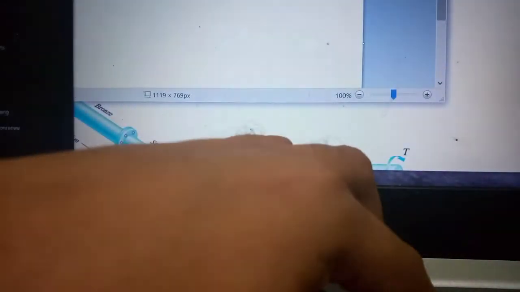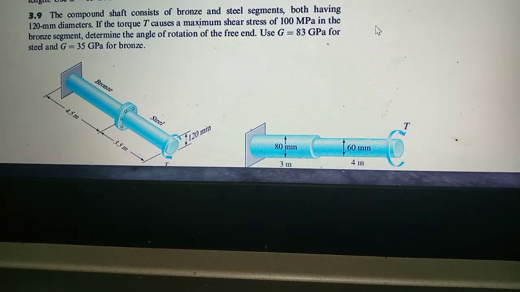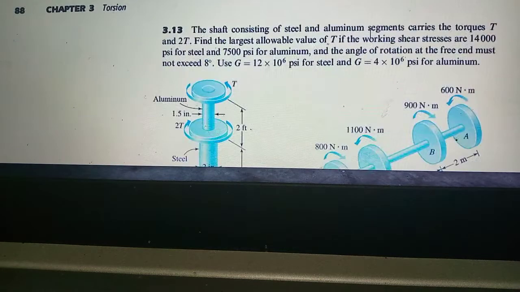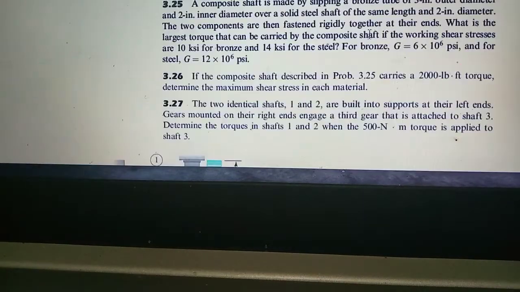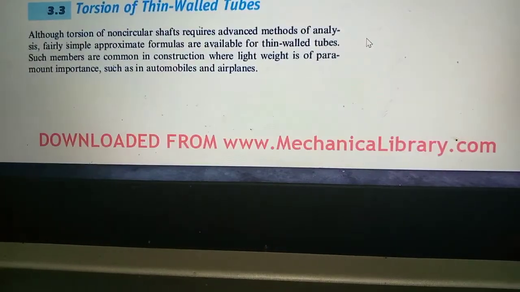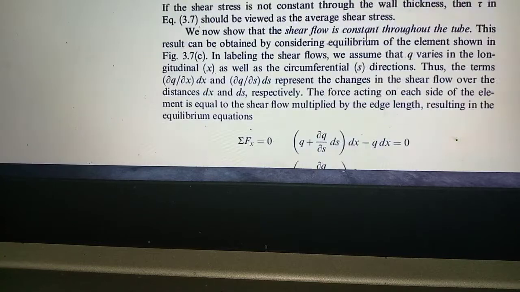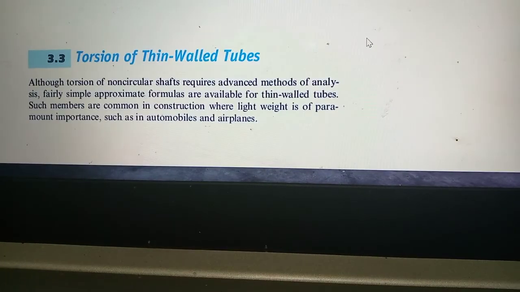So again, we will have another example. Our next example is 3.39, from the topic torsion of thin-walled tubes.